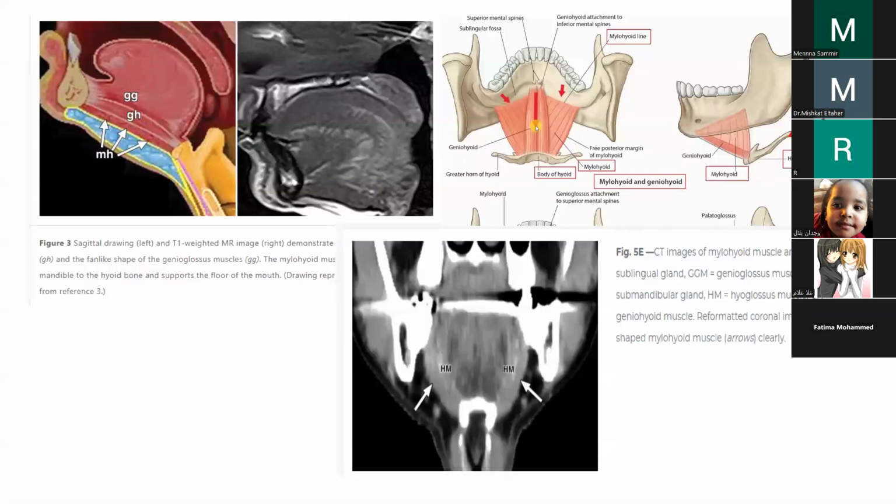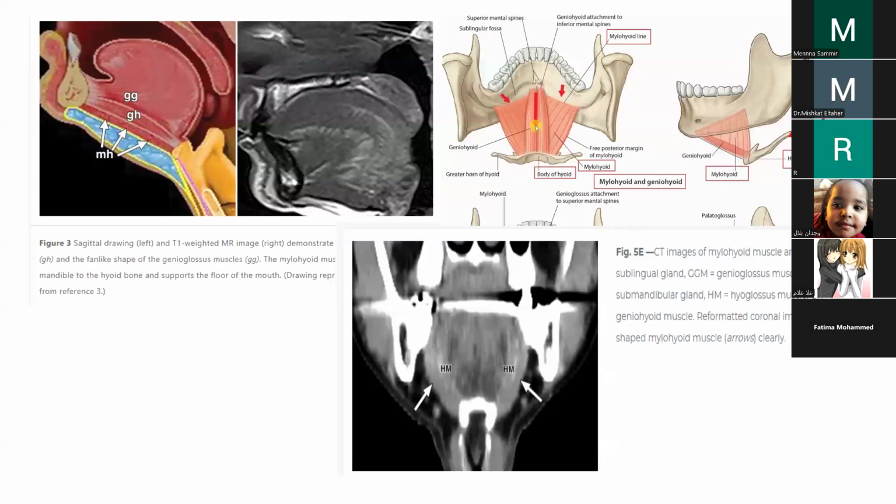Now the muscle that defines the floor, the mylohyoid, which is the workhorse here. It originates from the midline fibrous raphe running from the mandibular symphysis back to the body of the hyoid, as seen in that diagram on the left. And it inserts broadly along the mylohyoid line on the lingual cortex of the mandible, as seen in that diagram on the right.